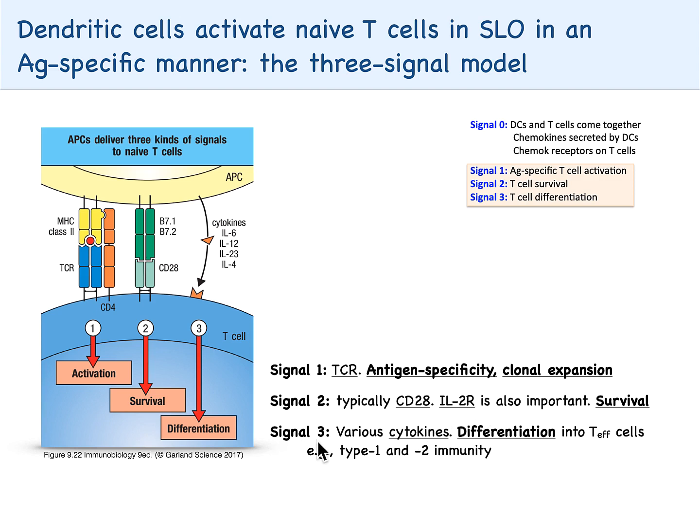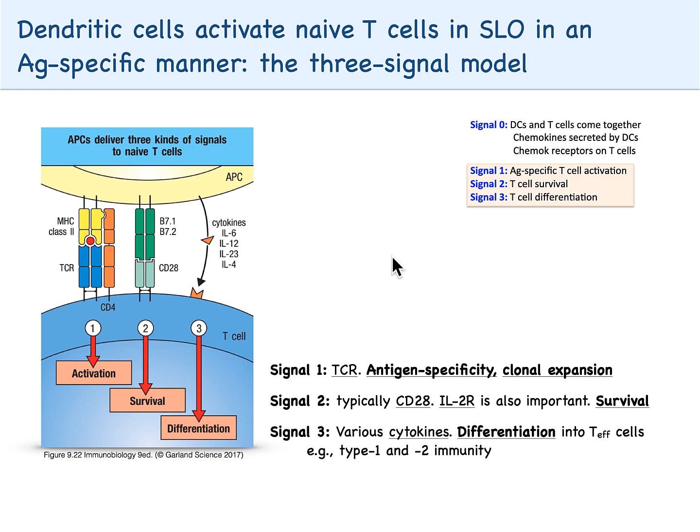And signal 3 is given by various cytokines that are produced by the APC or neighboring cells, immune cells or stromal cells. For instance, TGF-beta is also a signal 3 cytokine, and this is produced mostly by fibroblasts and stroma.